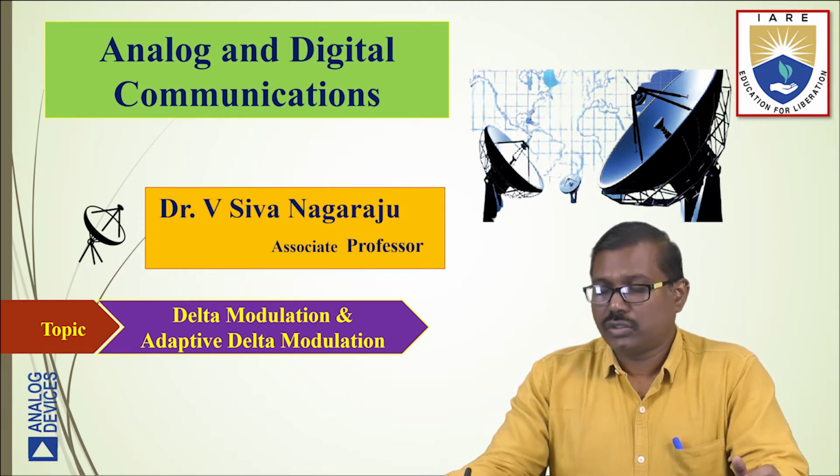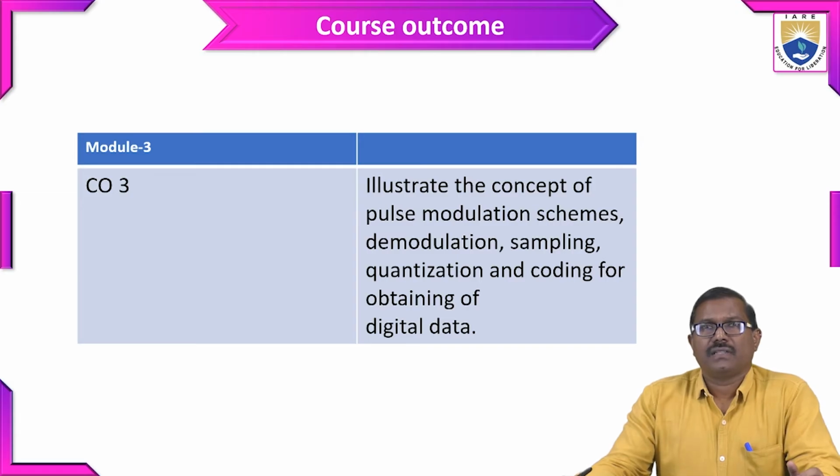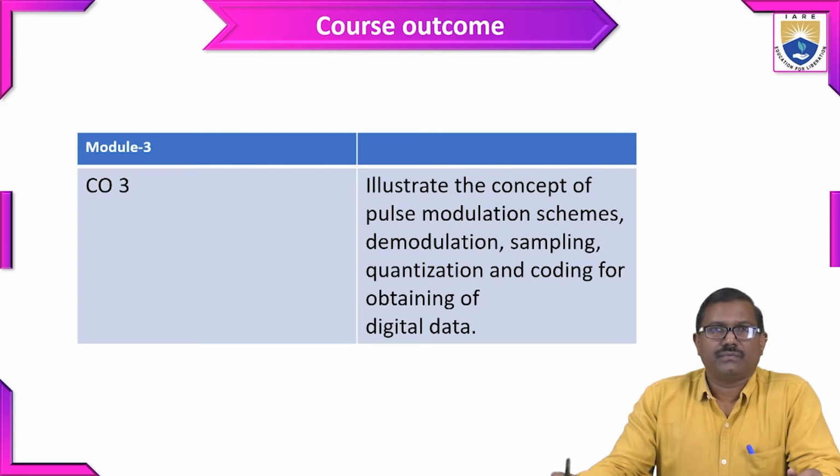Coming to the topic, here we have the course outcome. Delta modulation and adaptive delta modulation come in module 3, which is covered by course outcome 3. CO3 is to illustrate the concept of pulse modulation schemes, demodulation, sampling, quantizing, and coding for obtaining digital data.